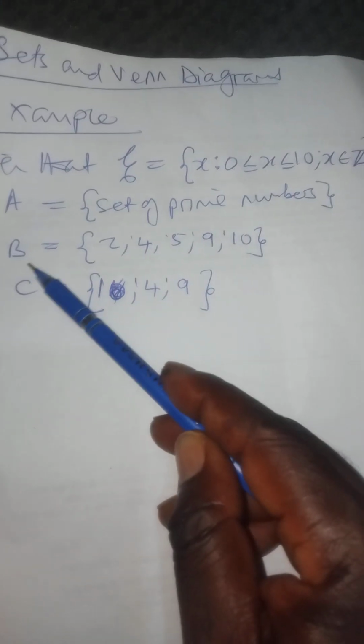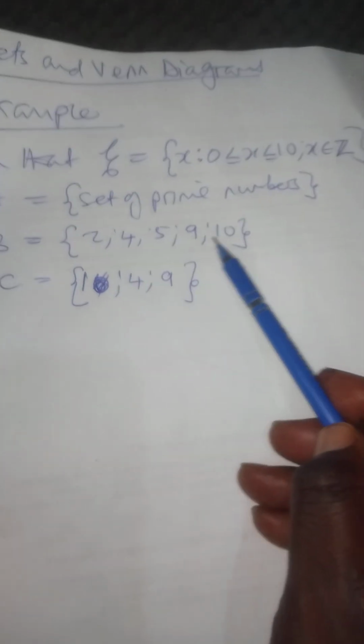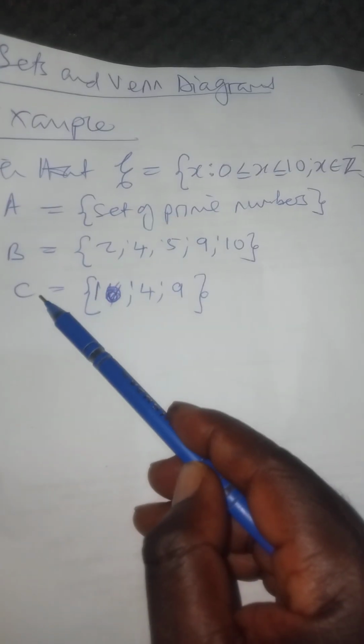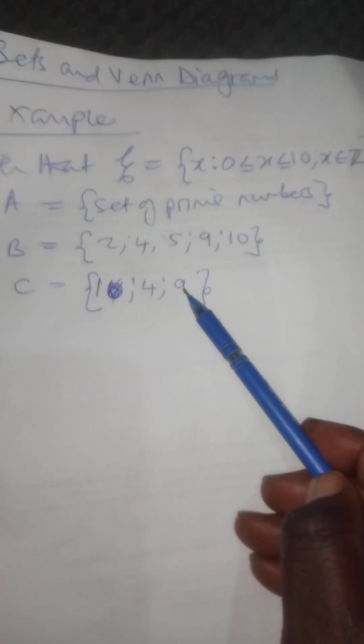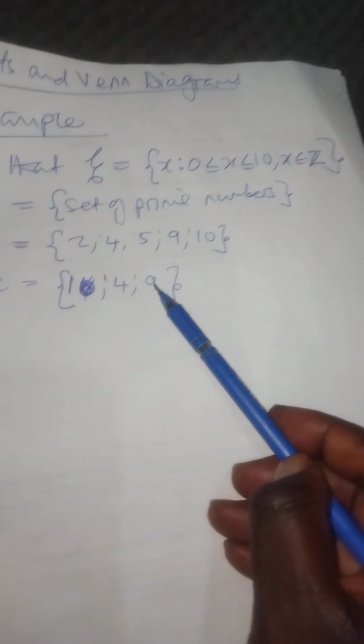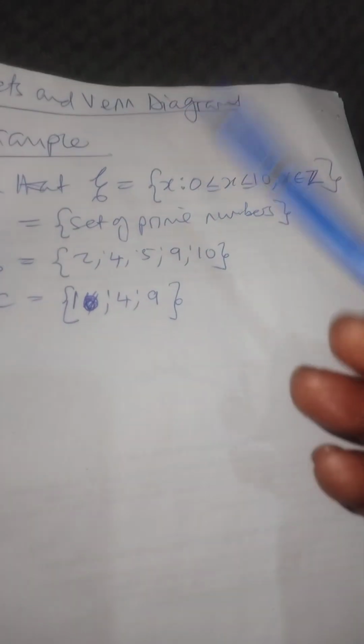Subset B contains 2, 4, 5, 9, and 10. Subset C contains 1, 4, and 9. So I've shown you the universal set and the subsets.